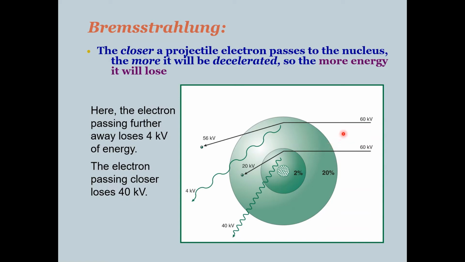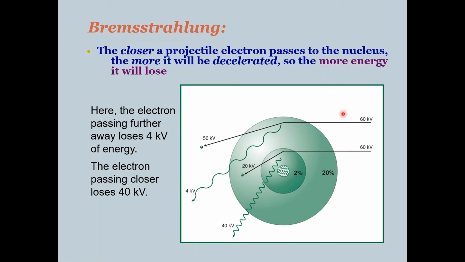The further away an electron is from the nucleus, the less the nucleus of an atom can pull on that electron, and therefore the less it will take away in kinetic energy. So the photon of electromagnetic radiation that's created in this interaction will have less energy just because that electron's further away.